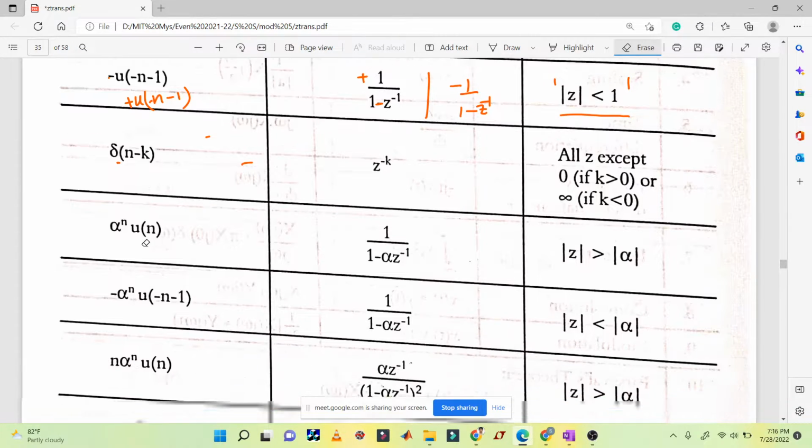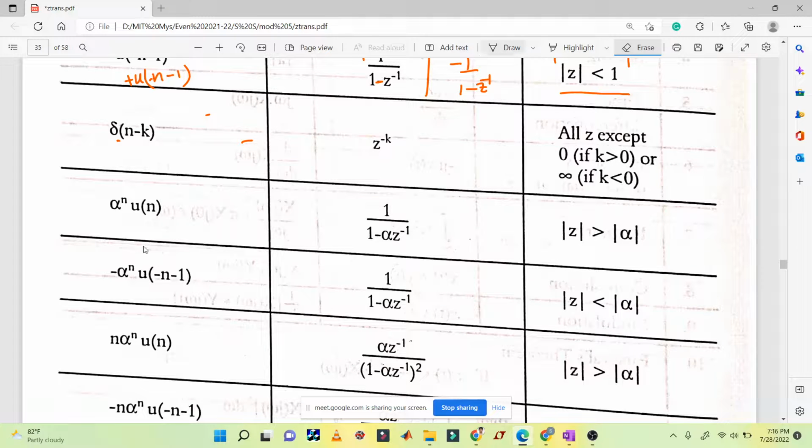Then we have alpha to the power n into u of n, that is, multiplication by an exponential. So it will become, ಆಗಲೇ ಏನಿತ್ತು u of n ಇದ್ದಾಗ 1 divided by 1 minus Z inverse ಇತ್ತು, ಇವಾಗ 1 divided by 1 minus alpha into Z inverse. This alpha could be 2, 3, 4, or a, b, any value, or 1 by 2, 1 by 3, ಏನಾದರೂ ಇರ್ಬೋದು. ಗೊತ್ತಾಯ್ತಲ್ವಾ?